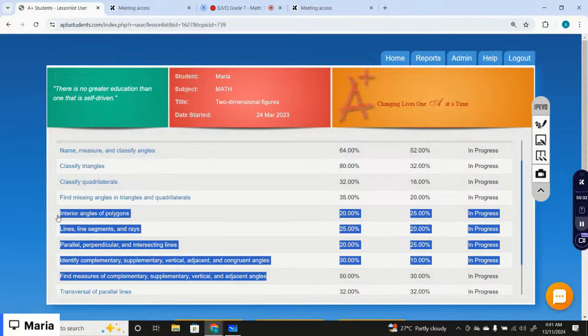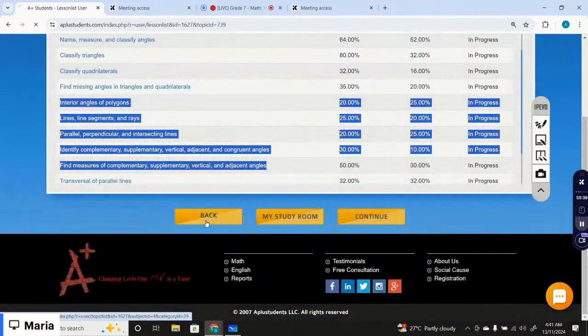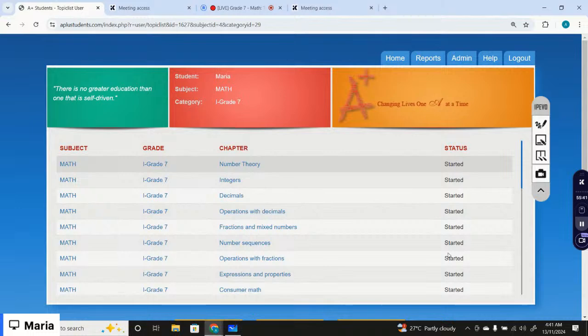So please make sure that before the next session, you complete all the practice questions for the lessons we just did. That is your homework until next session.